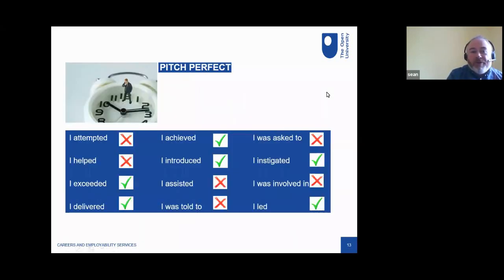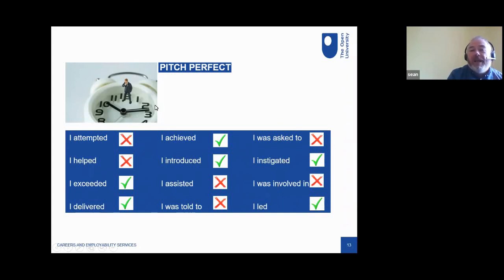I was going to go into this, but I know we don't have an awful lot of time. This was a wee exercise I was going to do, but the ones with the wee green ticks are the kind of action verbs that you should be using when you're talking about the skills and the abilities that you have. So you want to be saying stuff like, I delivered, I exceeded, I achieved, I instigated, I led.